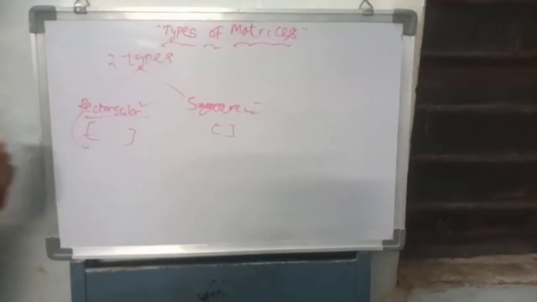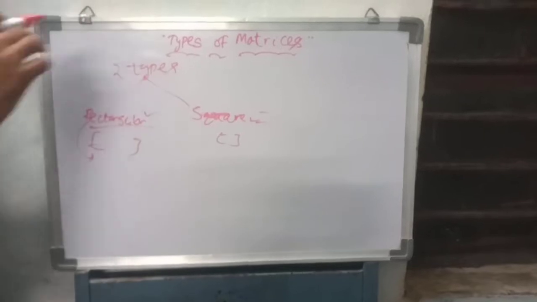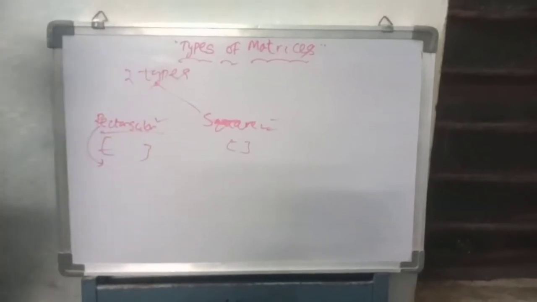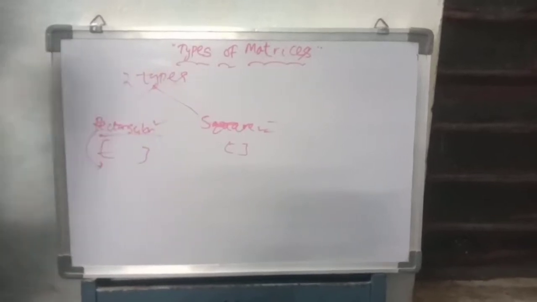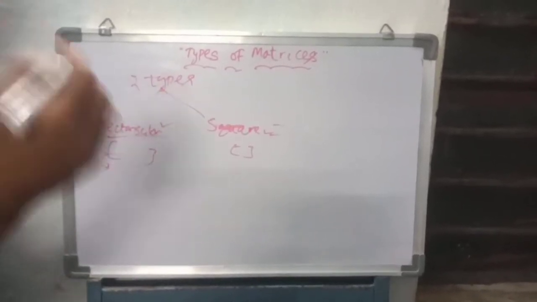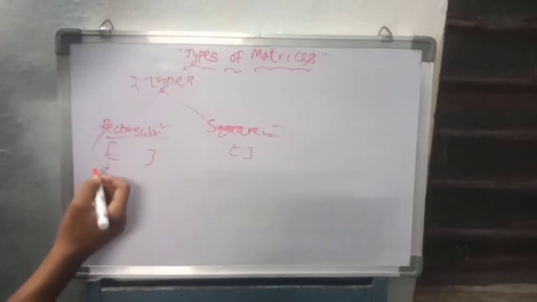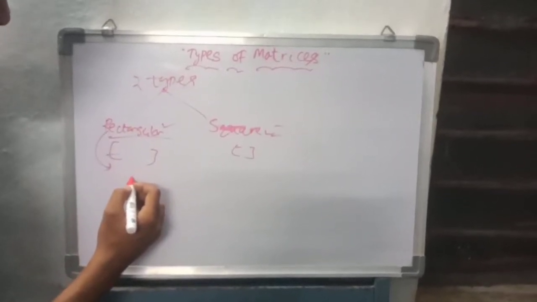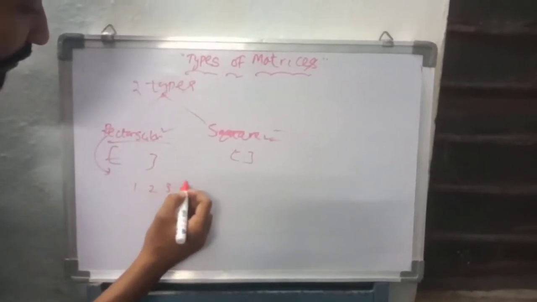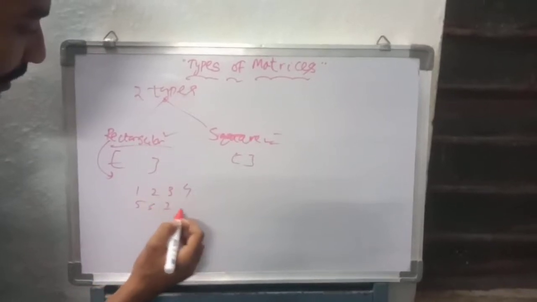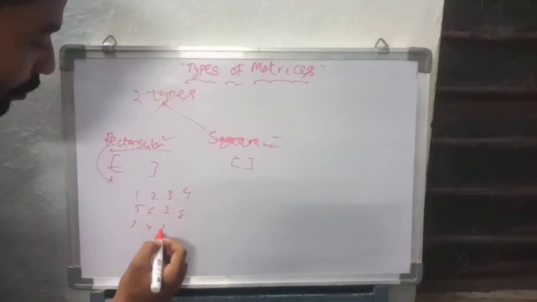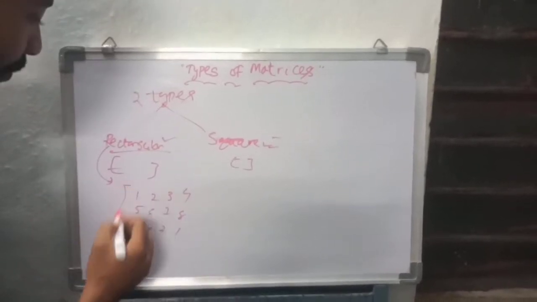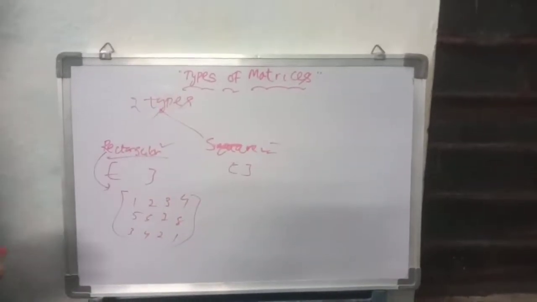In matrices, I already told you that the order of the matrix is represented by m and n, where m is the rows and n is the columns. Let us take an example: 1 2 3 4, 5 6 7 8, 3 4 2 1. This is one matrix.